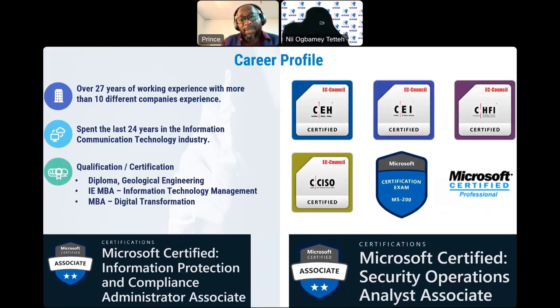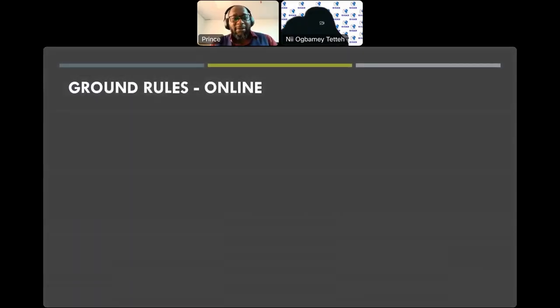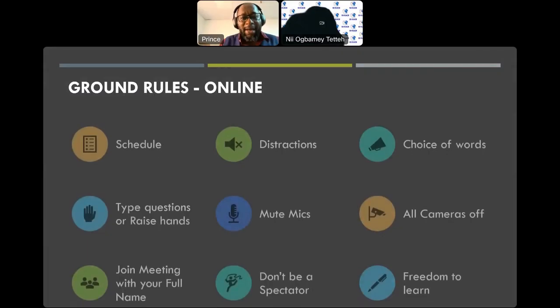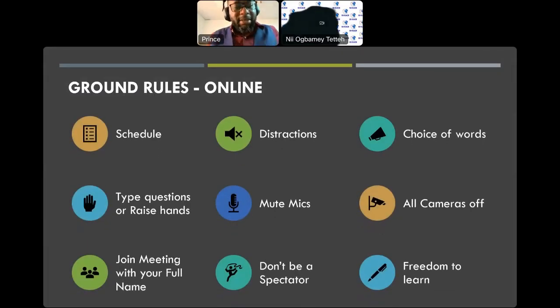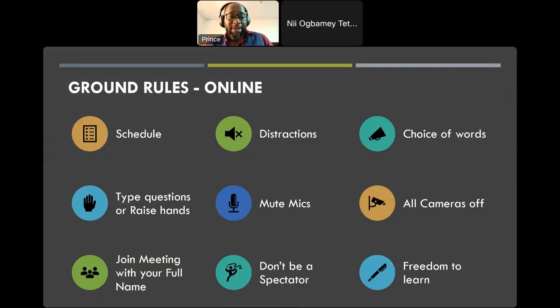Before we proceed to our conversation today, just have some few ground rules to go by. It's an hour schedule. I'll do a short presentation for about 30 minutes. Then I'll give you a lot of time for conversations and questions. And as much as possible, let's be cautious of the kind of words we use when we are asking questions. This is a very decent and intellectual conversation. You can always raise your hands, and I'm sure Tina will monitor and prompt, and you'll be called.